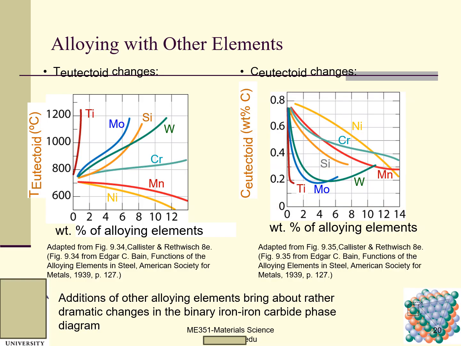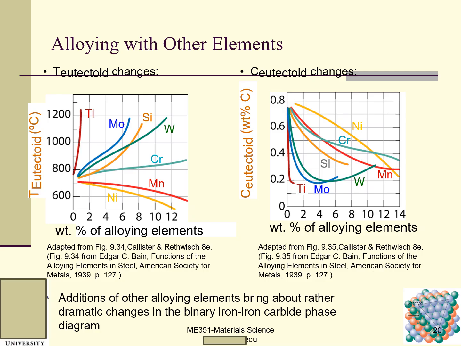And then we talk about the composition of eutectoid changes. So you can see titanium, molybdenum, tungsten, silicon, manganese, chrome, and nickel. If we alloy with these, for example nickel, if we increase the percentage of nickel, we can drastically change the eutectoid composition.